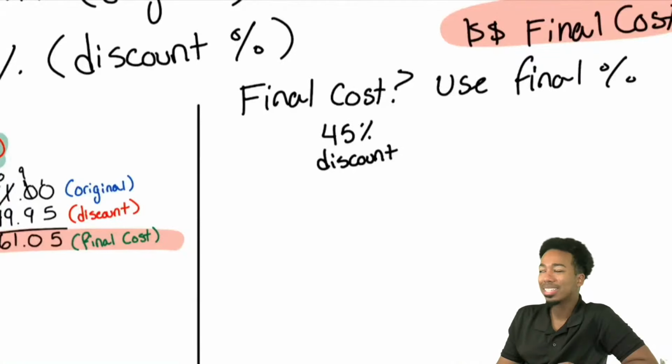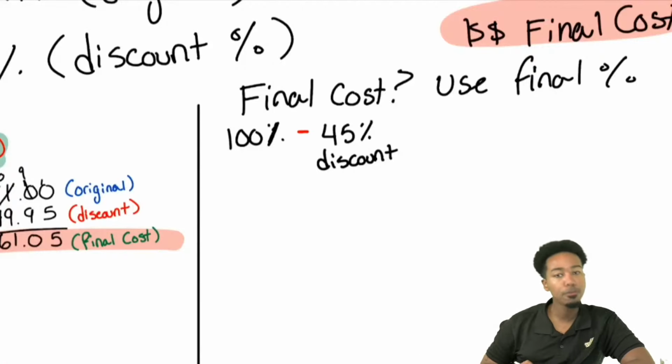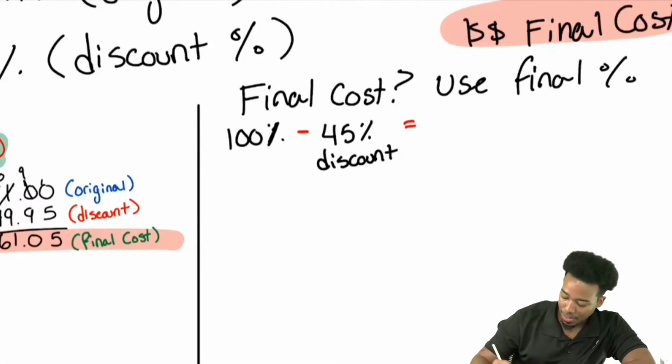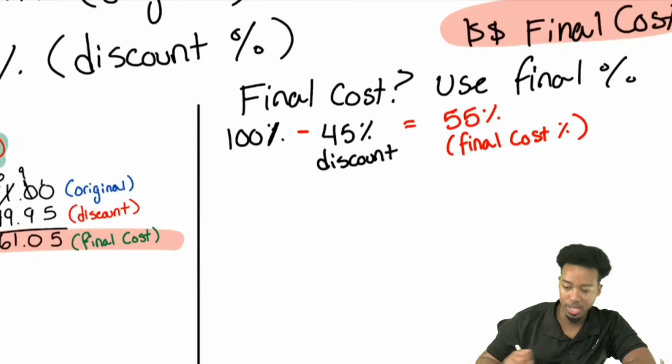If we're applying a discount, we're going to subtract. So I'm going to do 100% minus 45% of the discount, and that's going to give you 45% taken away. That's going to be 55%, and that represents the final percent, the final cost percentage.